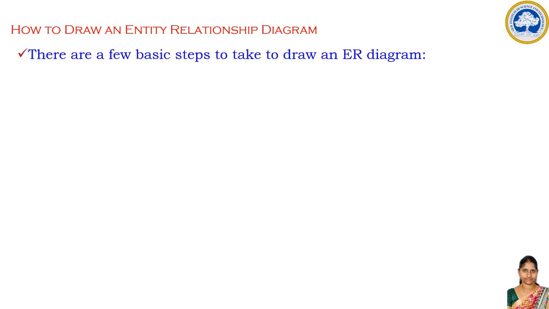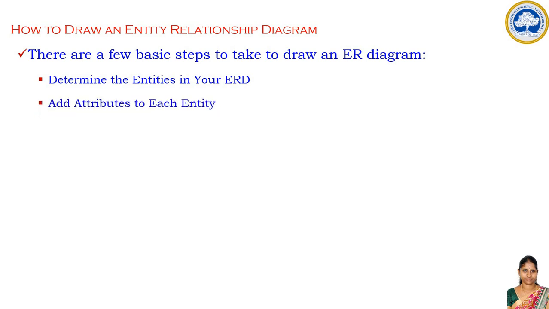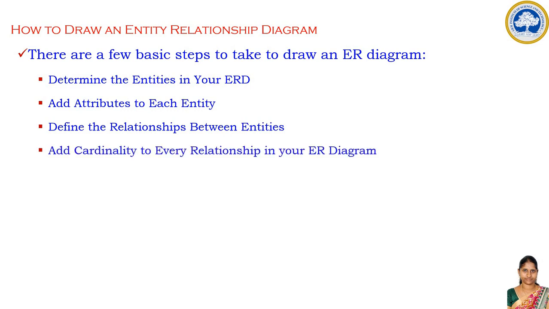Whenever we are going to make an ER diagram, first we have to concentrate on the basic four steps. One, determining the entities for our ER diagram and adding the attributes for each and every entity. Then identifying the relationship between the entities. Then finally we have to add the cardinality to every relationship in the ER diagram.